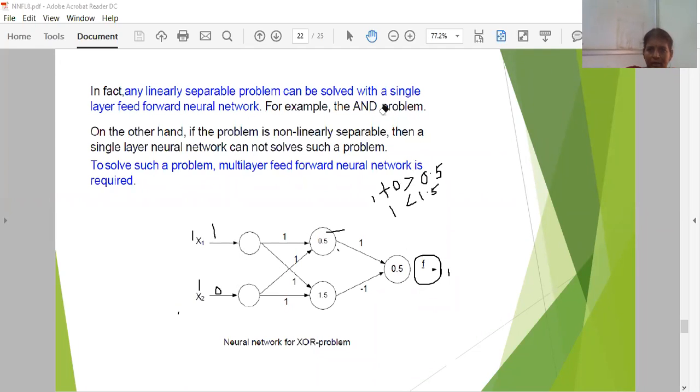Here 1 plus 1, you have 2 greater than 0.5. Again here 1 into 1, 1 plus 1 into 1, 2. Again 2 greater than 1.5.